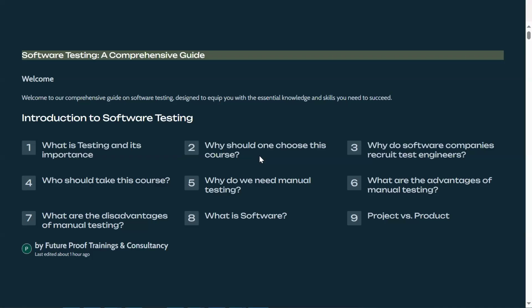Correct. Okay. The main reason is that by choosing this course, we'll get more job opportunities. Why? Because testing is not limited to any one technology. You don't need to stick to any one specific technology in the software industry.